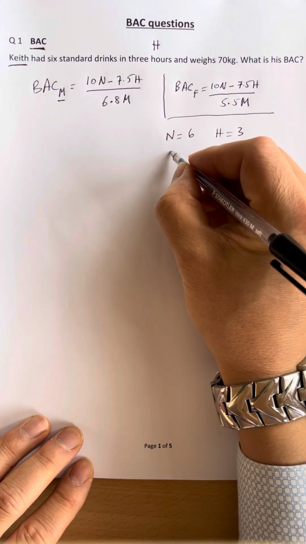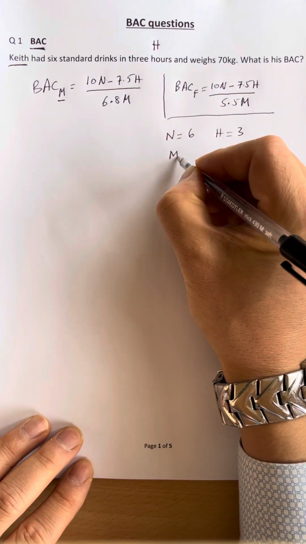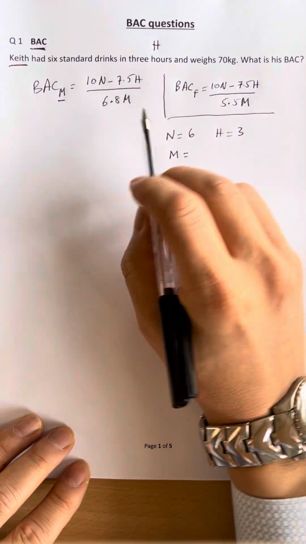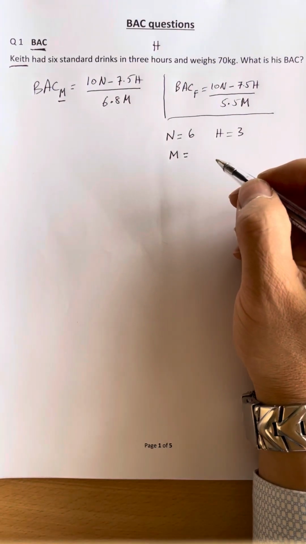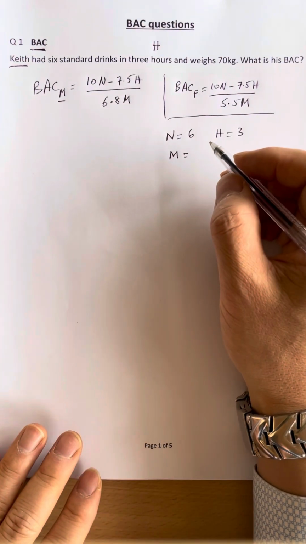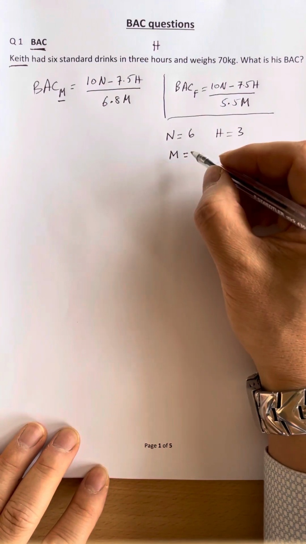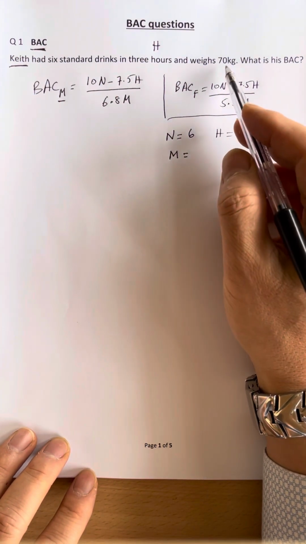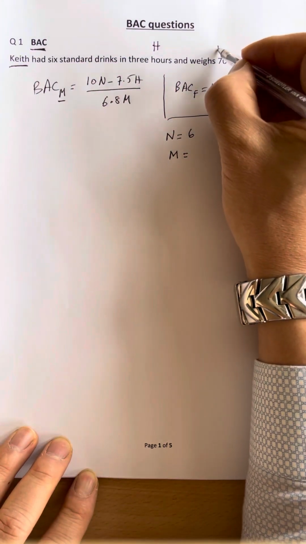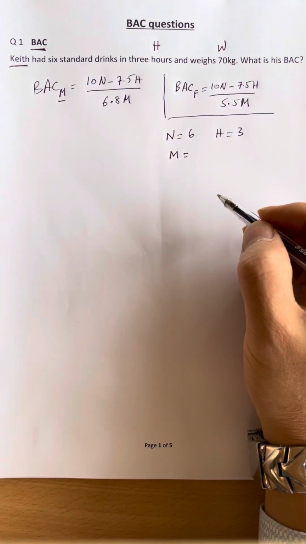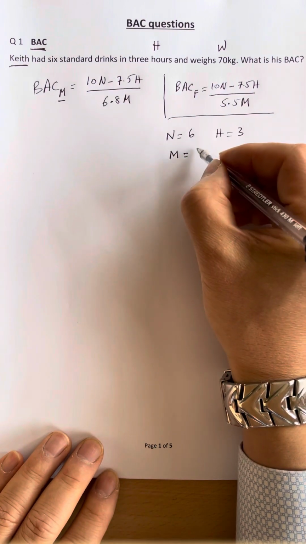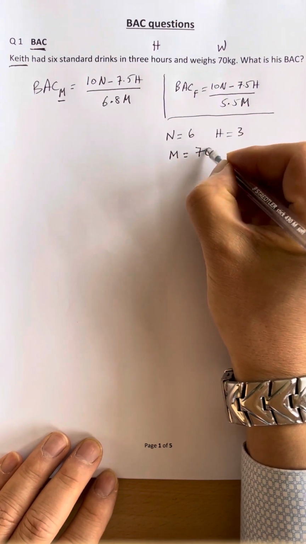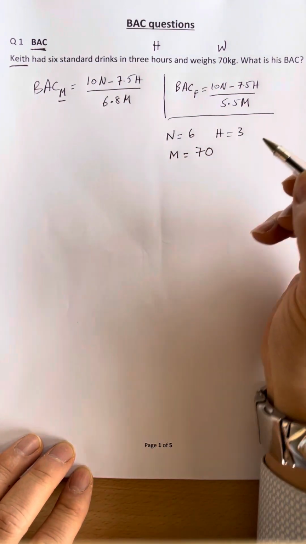And his weight, m stands for mass, but every normal human being calls it weight. The weight here is in kilograms, by the way. So his weight is 70 kilograms.